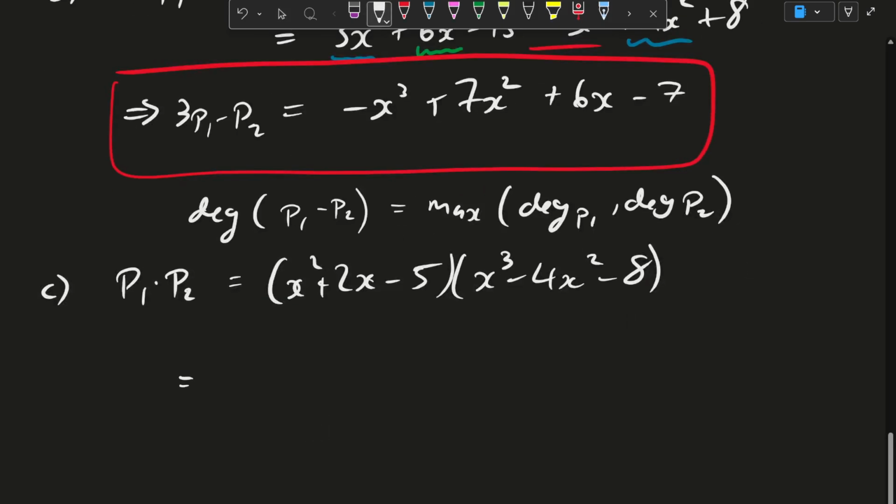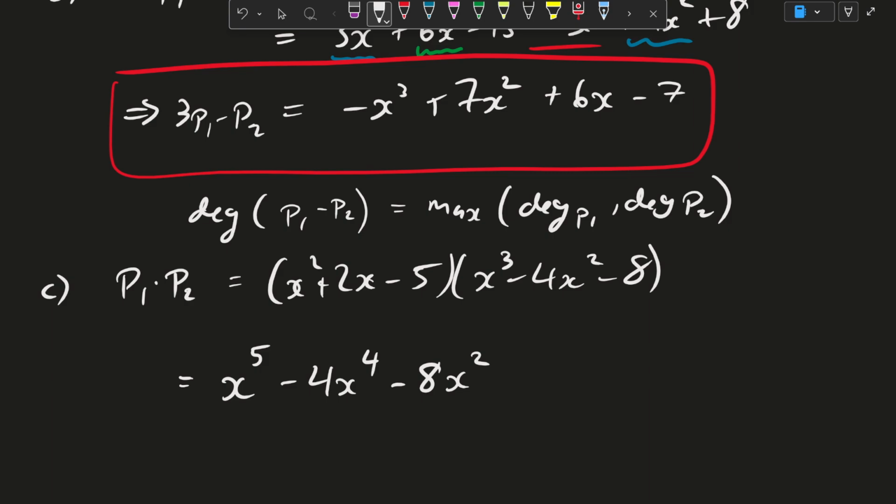So what I mean by that is we'll do x squared multiplied by everything. So this term multiplied by this bracket. So we get x squared times x cubed, which is x to the 5. X squared times minus 4x squared is minus 4x to the power of 4. And then x squared times minus 8 gives us minus 8x squared.